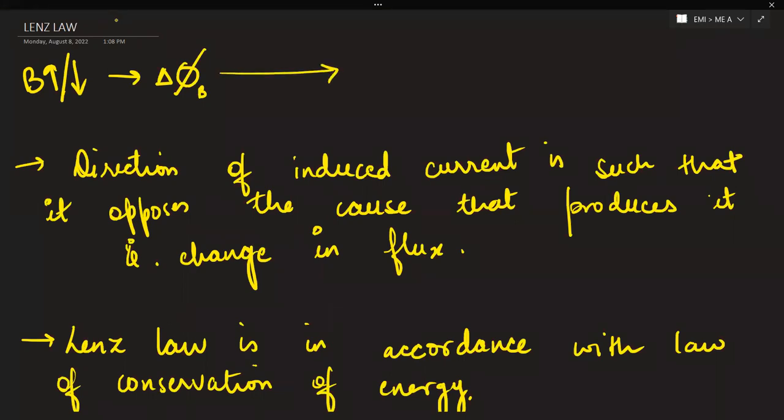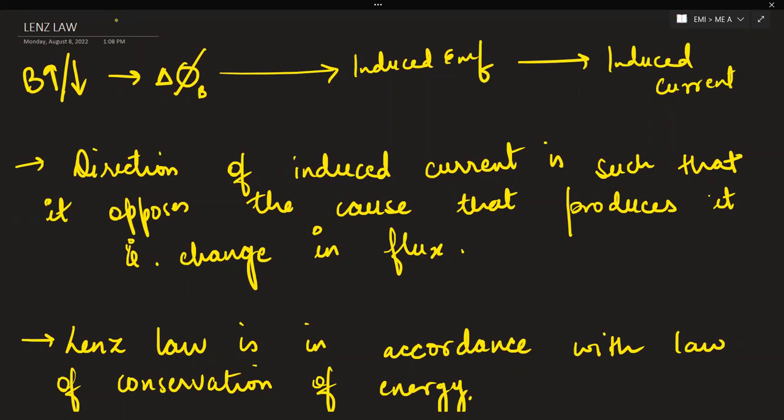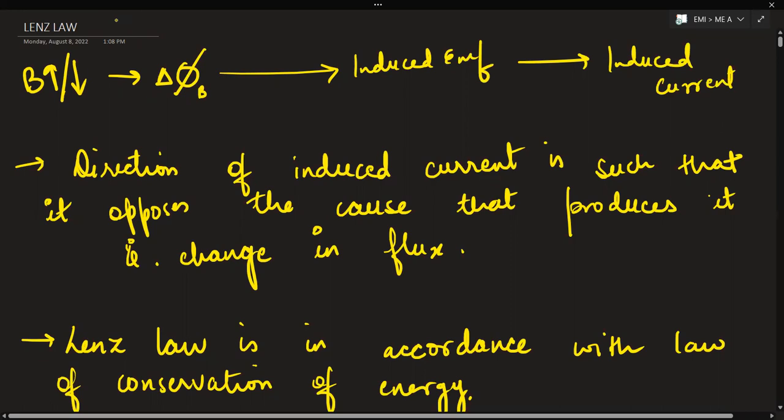There is production of induced EMF and production of induced current. So current will have a certain direction in the coil, whether clockwise, anti-clockwise, through the wire, whatever directions we have already covered in magnetics. So there will be a certain direction of induced current.